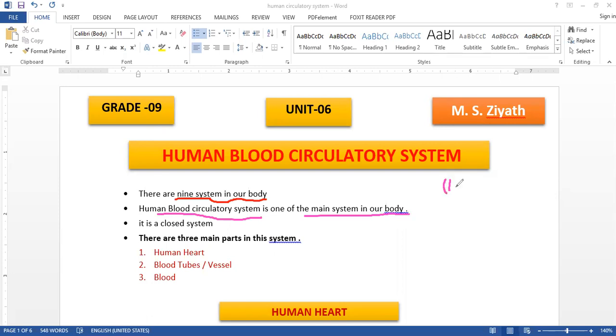In our body, there are lots of different types of systems. One is, for example, the digestive system. Second, the reproductive system. And the respiratory system. And also a skeletal system.